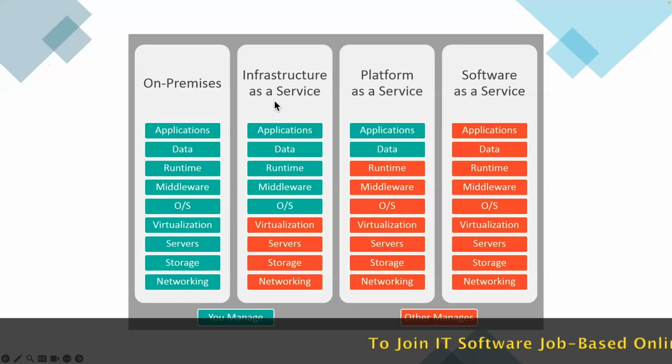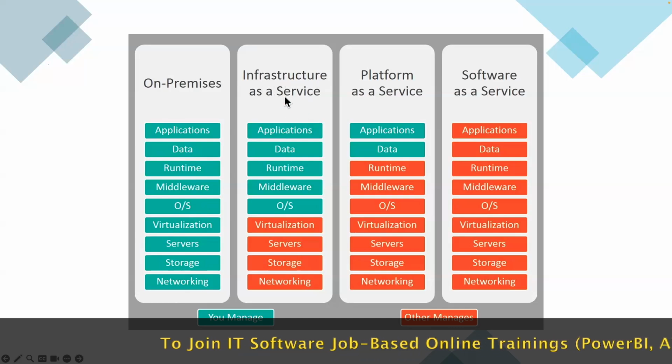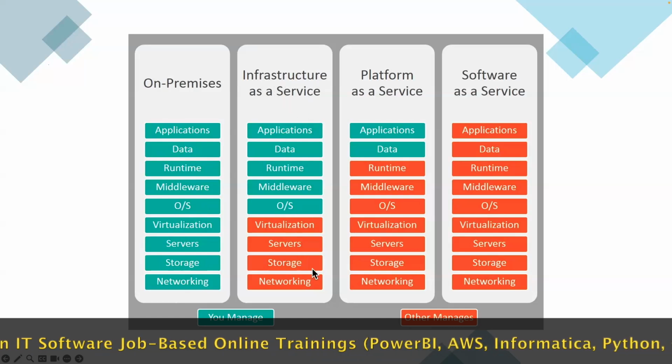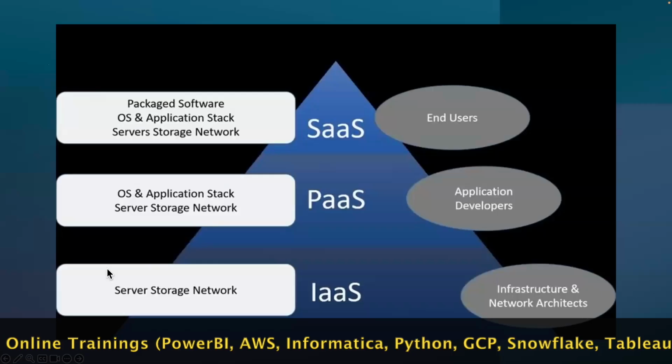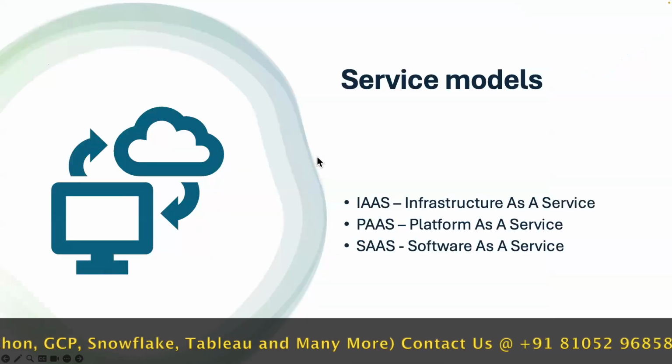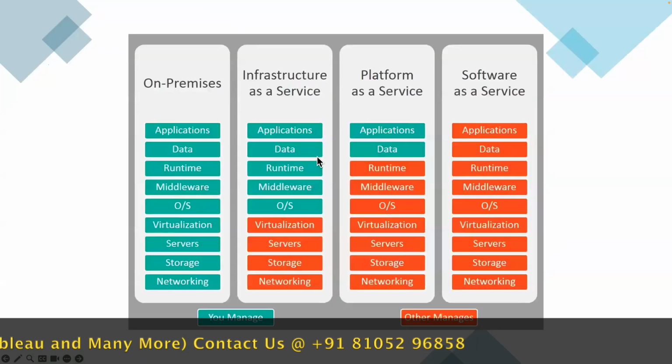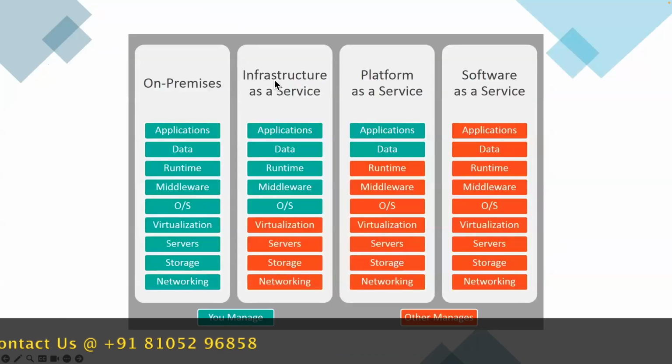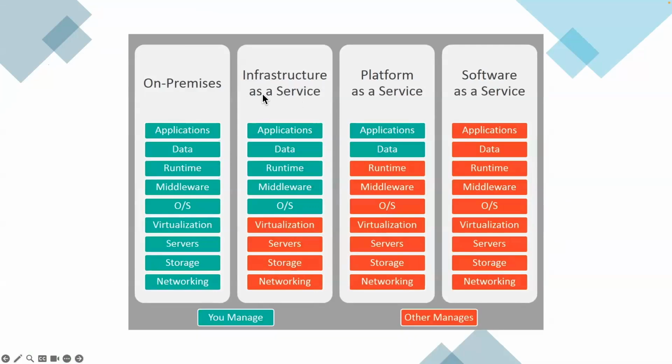All right. And infrastructure as a service. This is one of the cloud models. We are talking about service models, right? What are the different services Google or any cloud provides? Service model, different types of service cloud provides. One type is infrastructure as a service. It's self-explanatory. You are getting infrastructure. What is infrastructure?